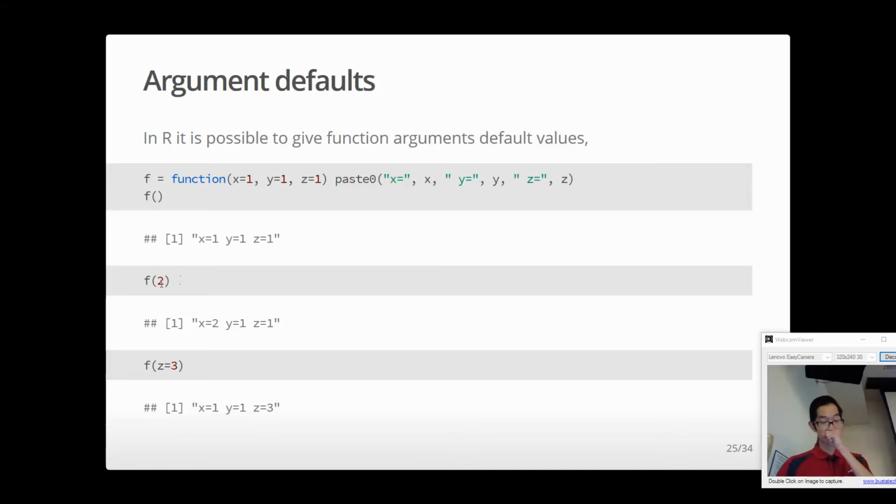And if you give it a 2, it's going to match it to the first argument, and you get this. And then you can also specify, I want this one to be this, and then it does that. So it works just like that, but with default values there.